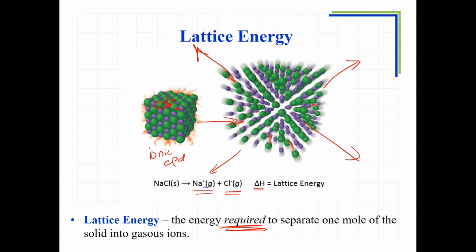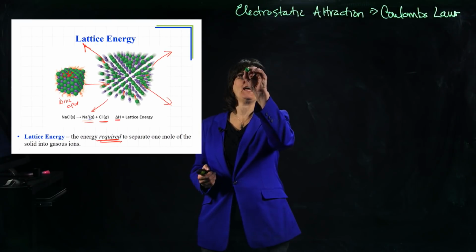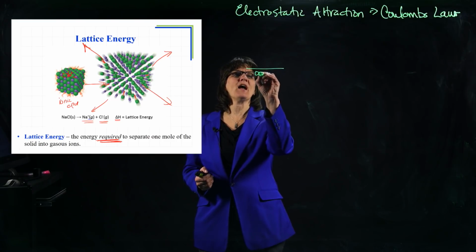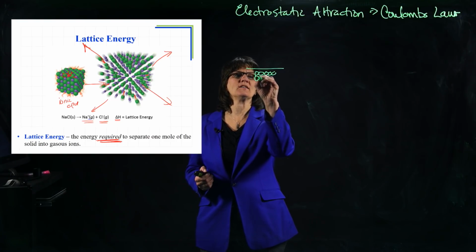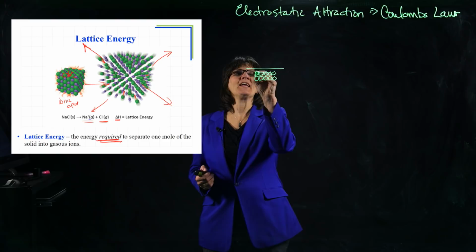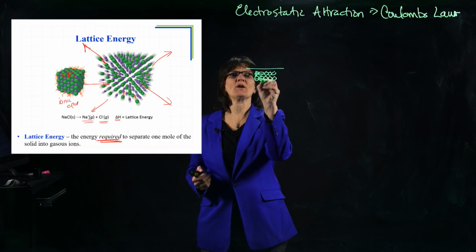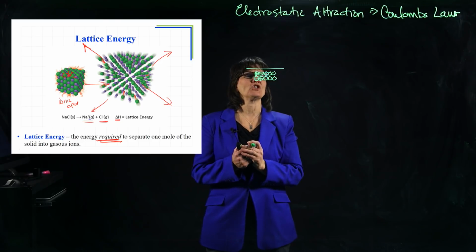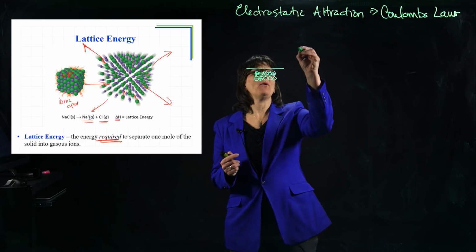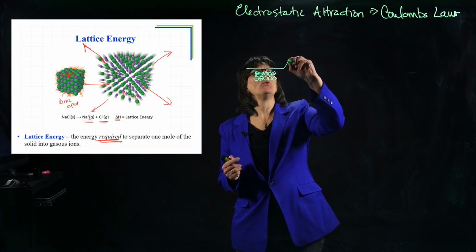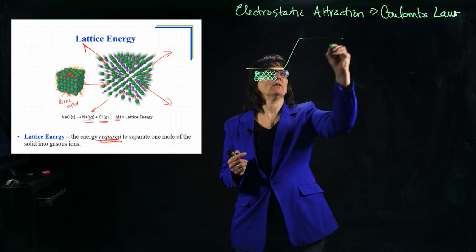So let's think about that just a little bit, review our minds about delta H. If this is the energy of the ionic compound in its solid state, so we have our cation connected to our anion, which is connected to our cation and going off in all directions. If we want to pull them apart, we have to put in this much energy, okay?